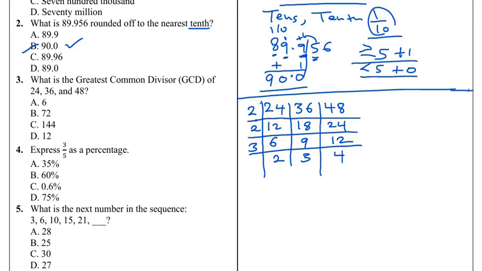Since we cannot go back to 2, if we take multiplication of the divisors, we are going to get the greatest common divisor, which is 2 times 2 times 3. 2 times 2 is 4, 4 times 3 is actually 12. So we check whether we have 12 in our choice, and we have it here. That is the right answer.